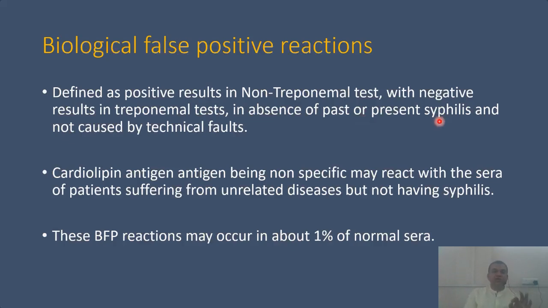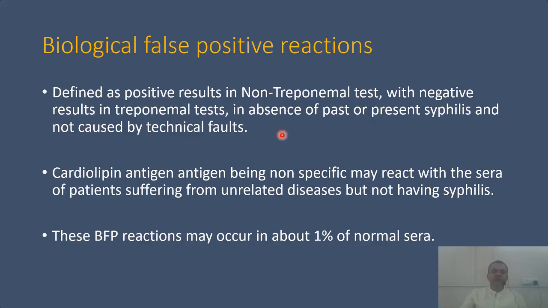If the patient has no current infection, and has not had a Treponema pallidum infection in the past, and still shows a positive VDRL result with a negative treponemal test, that is defined as a biological false positive reaction. That means a positive result in a non-treponemal test with a negative result in a treponemal test, in the absence of past or present syphilis, and in the absence of any technical faults.